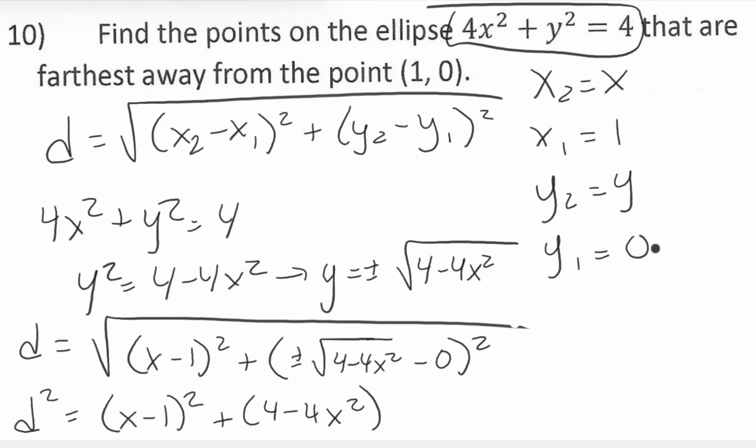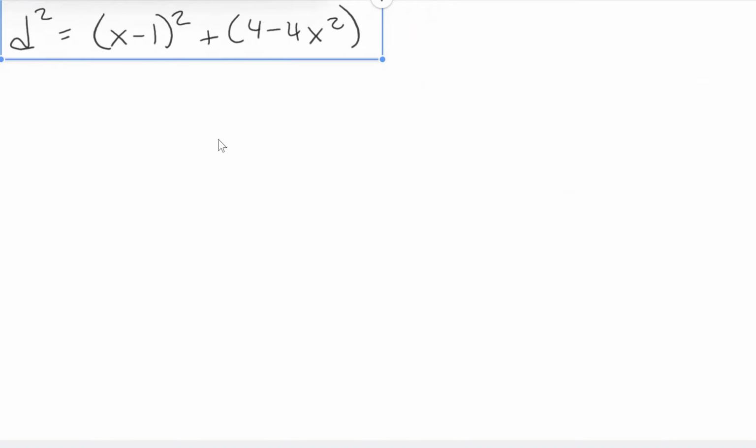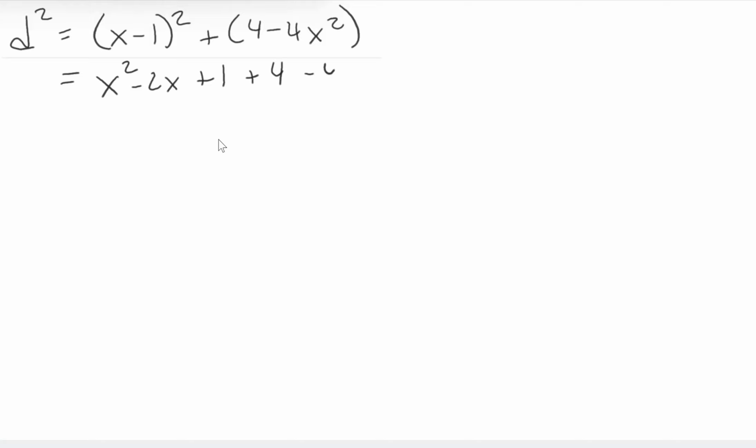All right. So we've got that, which I'm going to clean up a little bit to make my life easier. So we're going to have x squared minus 2x plus 1 plus 4 minus 4x squared. So I get negative 3x squared minus 2x plus 5.